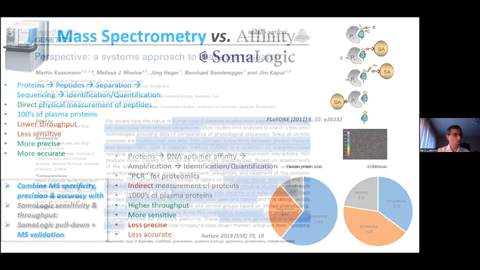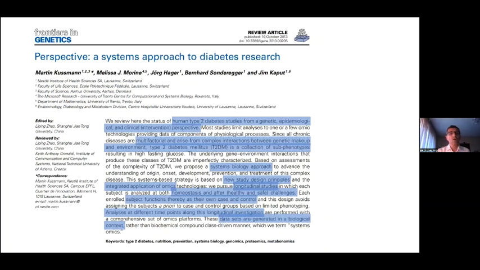Now, a few years ago, we published a perspective on a systems approach to diabetes research, and this, of course, extends to the whole metabolic health area. And we reviewed human type 2 diabetes studies from a genetic, epidemiological, and clinical perspective.